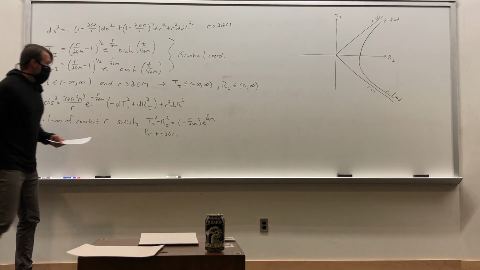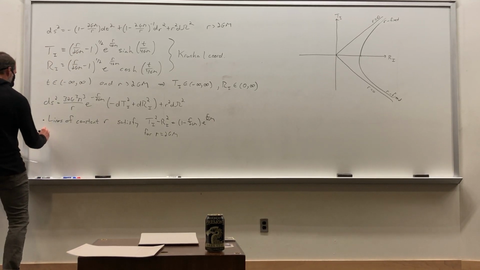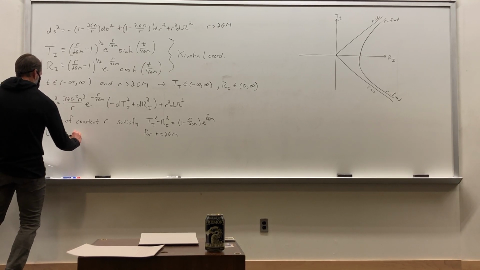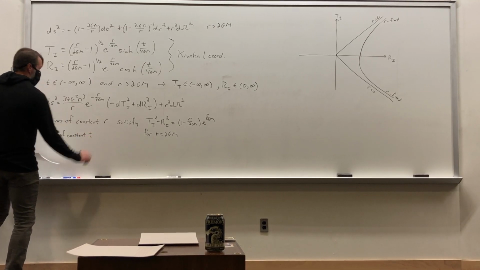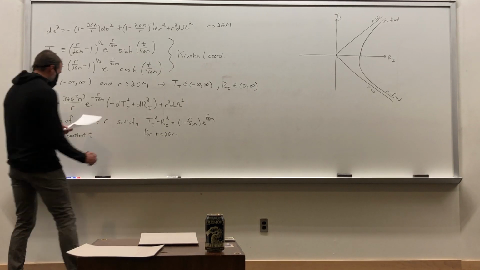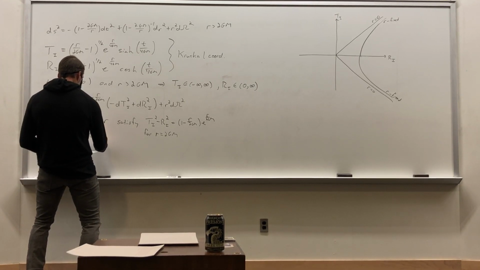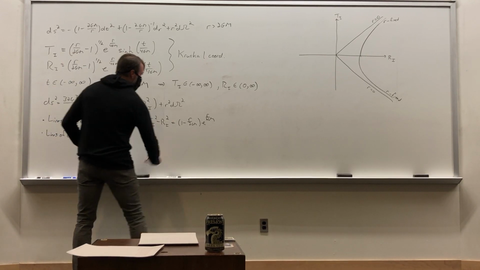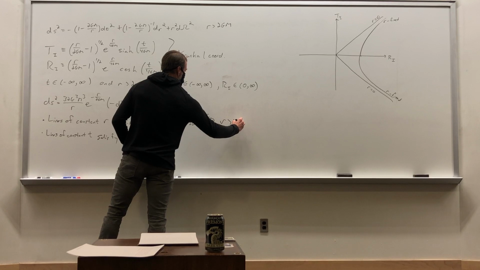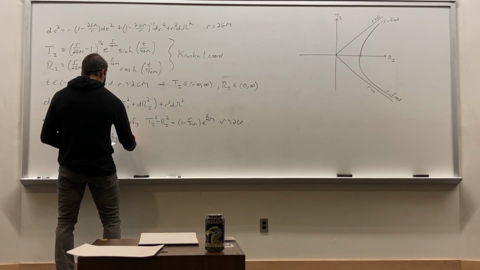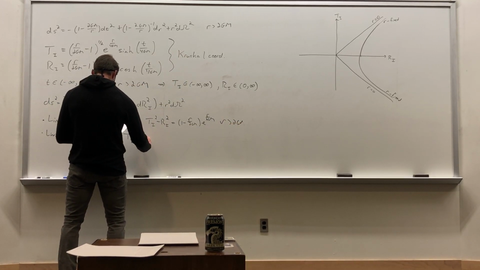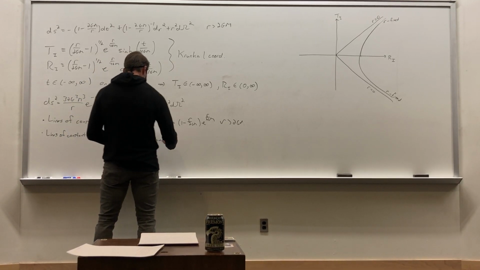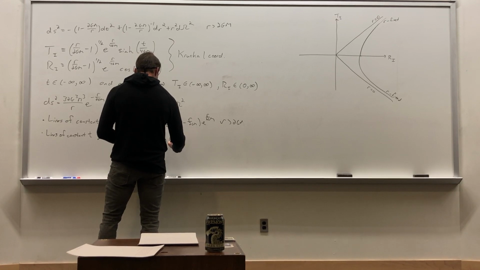Well, now we can ask, what about lines of constant t? Lines of constant t satisfy T1 is R1 times the hyperbolic tangent of t over 4GM.